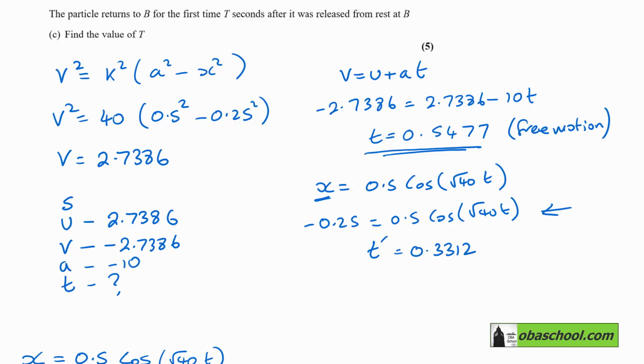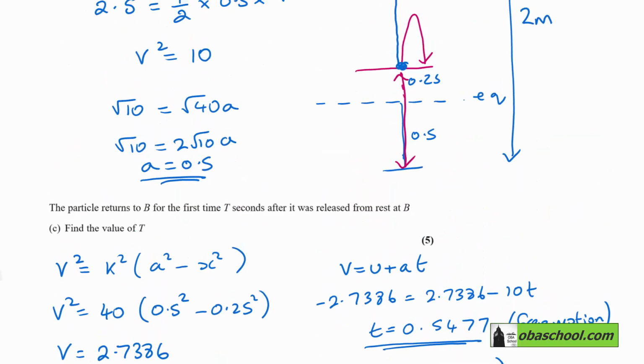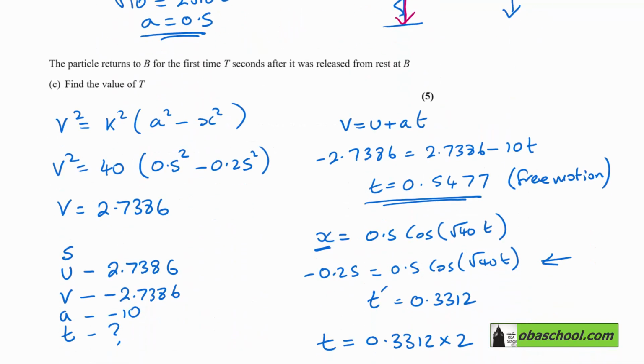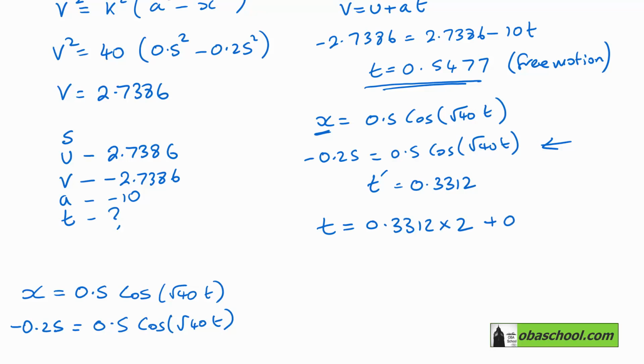And so the time that we want is going to be 0.3312 times 2, because we've got while it goes upwards here and then while it comes downwards, plus the free motion time. And that is 1.21 seconds.